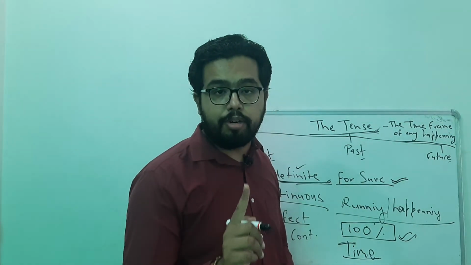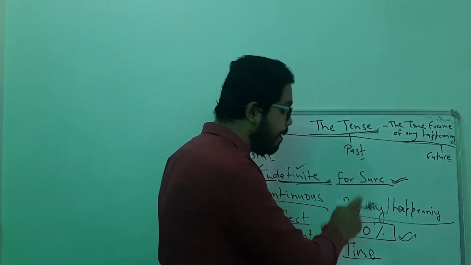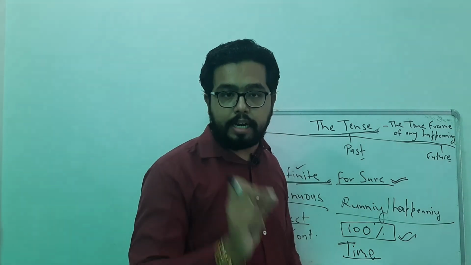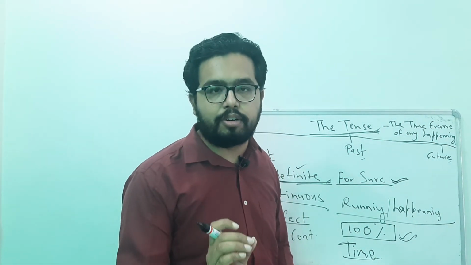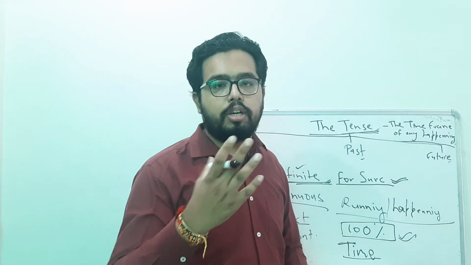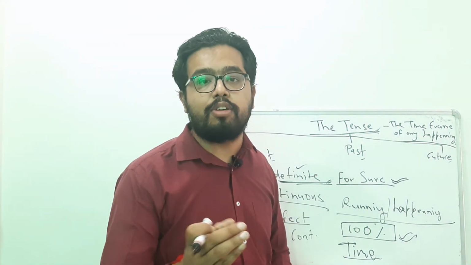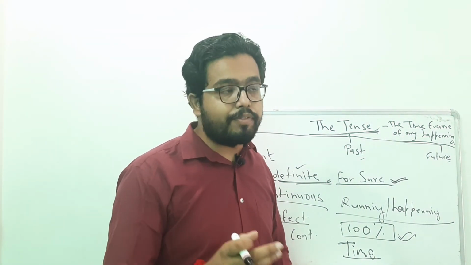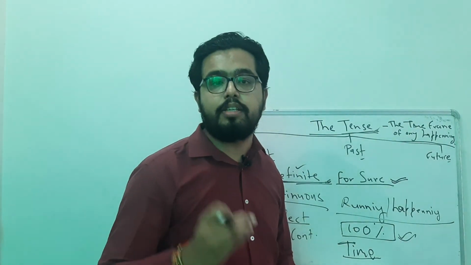I must remind you, here is a point. A perfect continuous sentence will have time, but any sentence which has time will not be counted as perfect continuous. If I ask you what is the time and you say it's 2 o'clock, you do not get a perfect continuous tense. But if I ask you, since when are you studying? you would say, sir, we are studying since 2 o'clock.